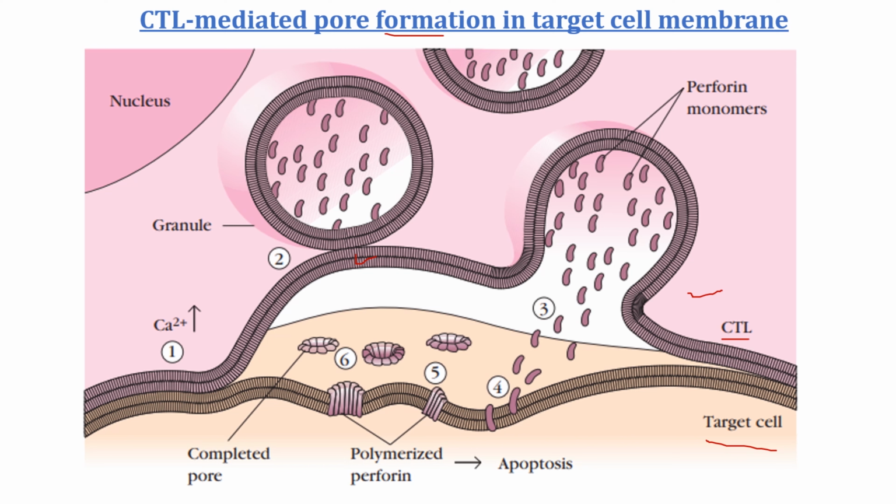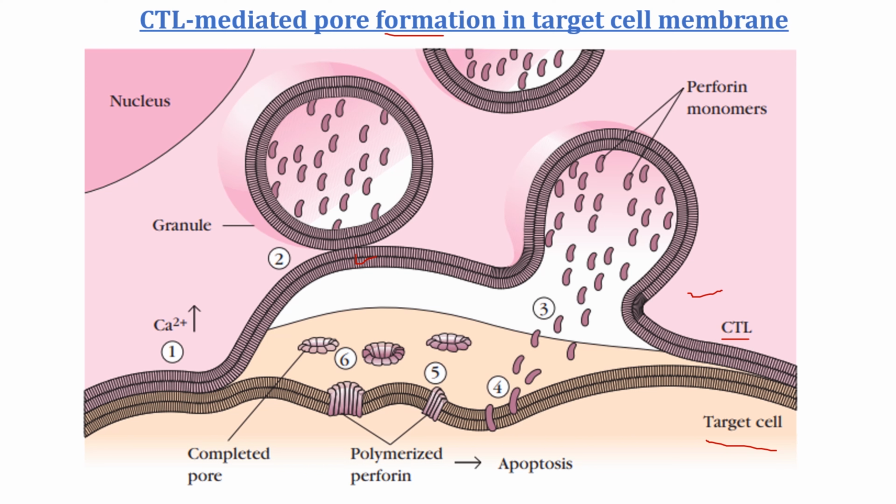In this model, a rise in intracellular calcium is triggered by the CTL and target cell interaction. The first step induces exocytosis, in which the granule fuses with the CTL cell membrane, calcium dependent, and releases the monomer.